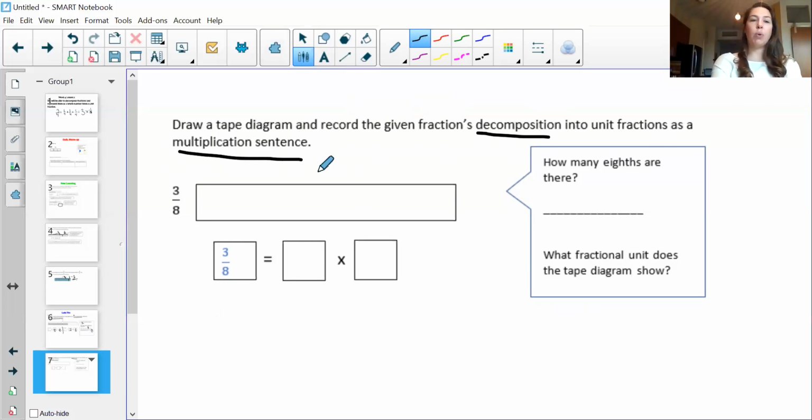Okay, so we're taking 3/8. First, we're modeling 3/8 on this tape diagram. So first, let's separate it in half down the middle. So I know I'm going to need 4 on each side because that will give me 8.